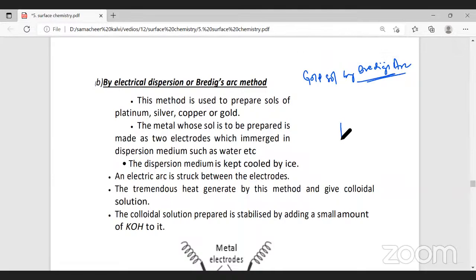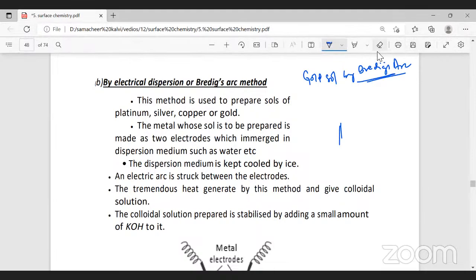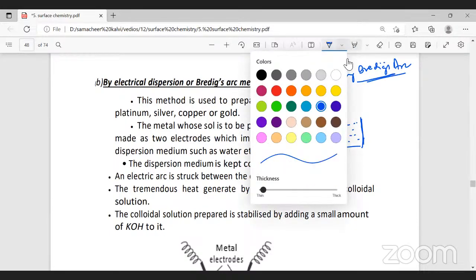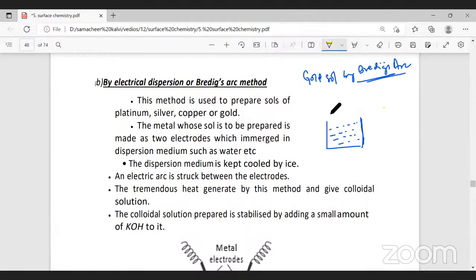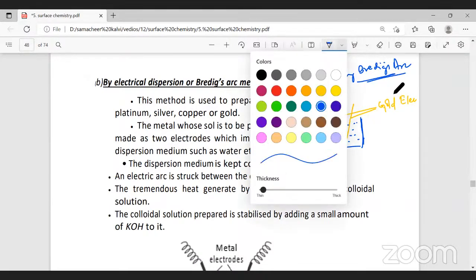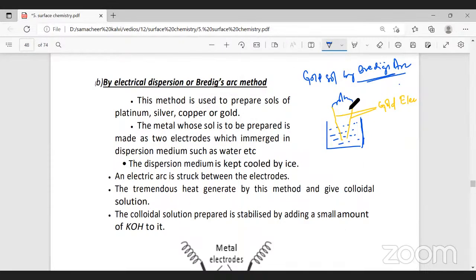Now, in a container, water is taken. Into this water, 2 gold electrodes are immersed, and these gold electrodes are connected to the power supply.